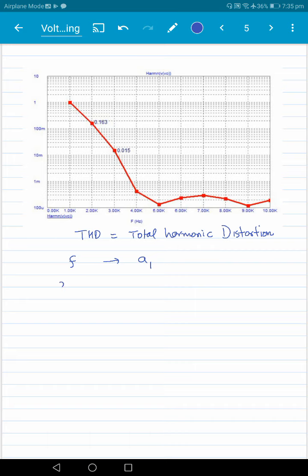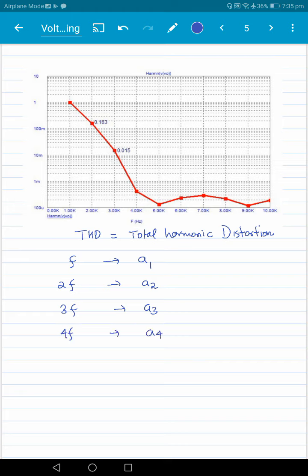Then the next harmonic will be 2F, with amplitude A2. The third harmonic is 3F, its amplitude is A3. So it's a periodic waveform, we can do Fourier analysis and determine these. The fourth harmonic would be A4.